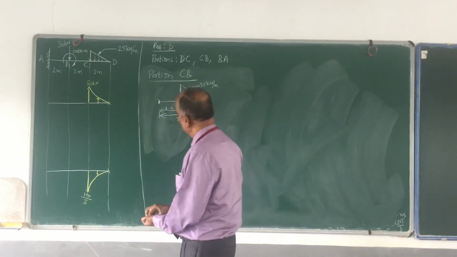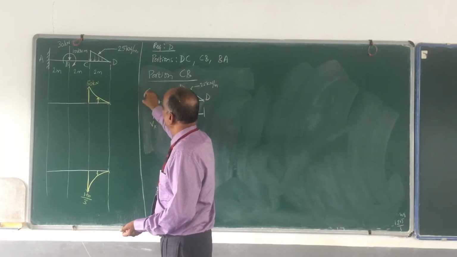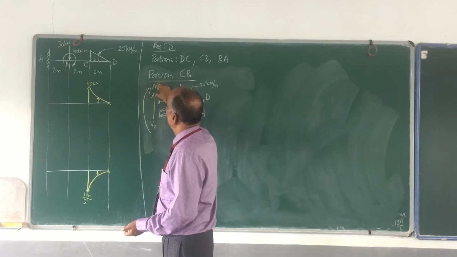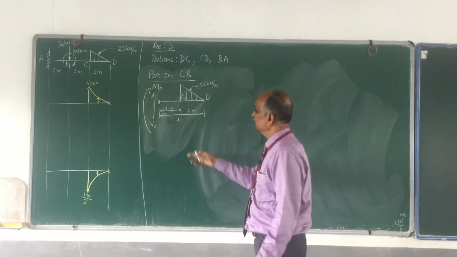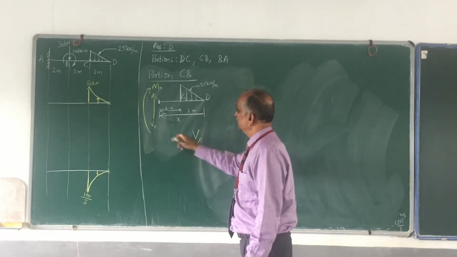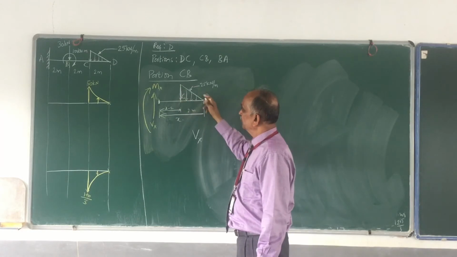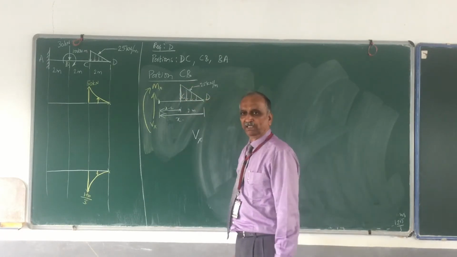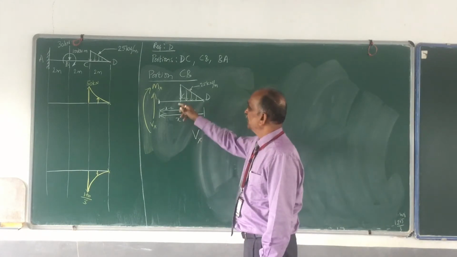So I shall show you what is my positive shear force and what is my positive bending moment. So for the shear force diagram, let me start with Dx, upwards positive. The only other force I have is this UVL, which is in the downward direction, therefore it is minus.